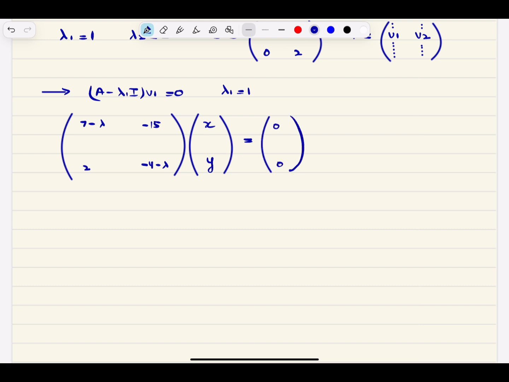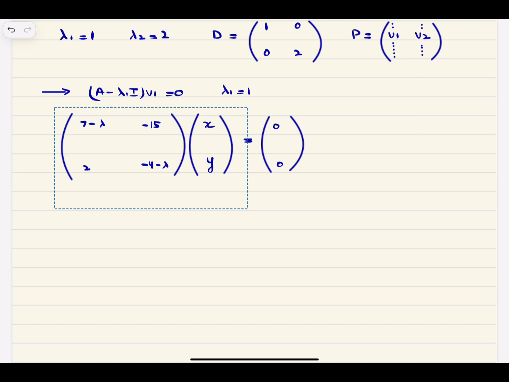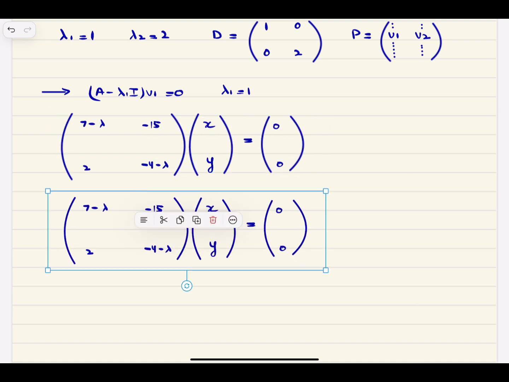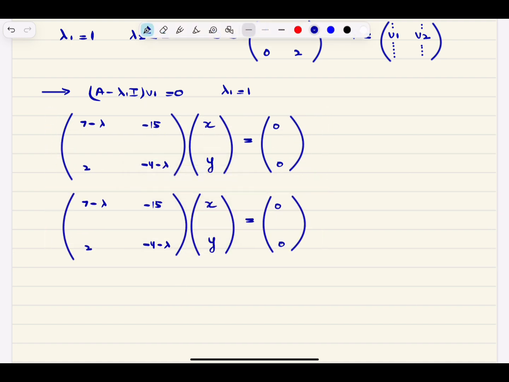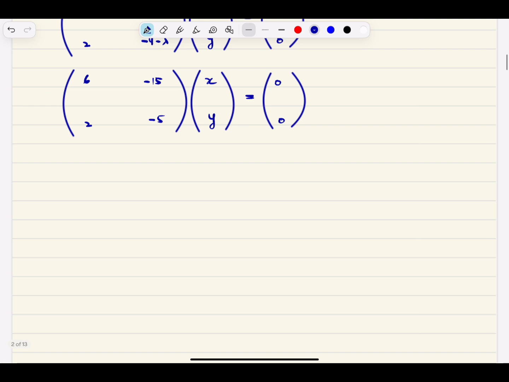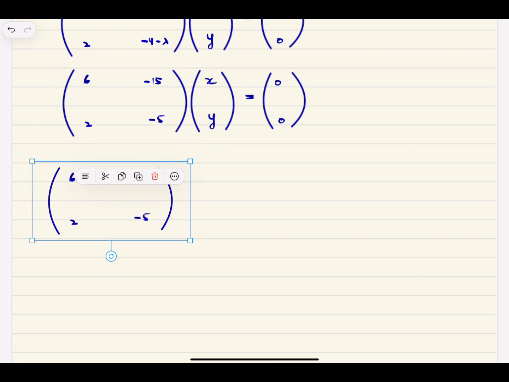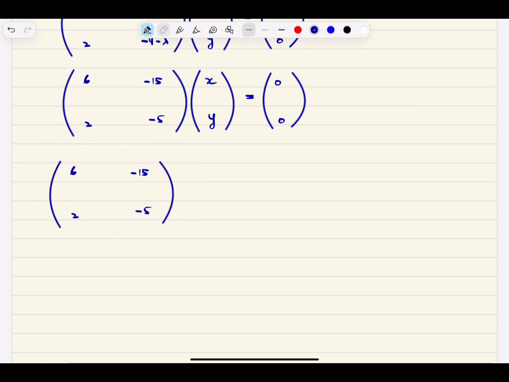When I substitute in the value of lambda 1, I'm going to get a 6 over here, a 6 over here and minus 5 over here. So we can solve this system by any method that we like. I'm just going to do row operations.